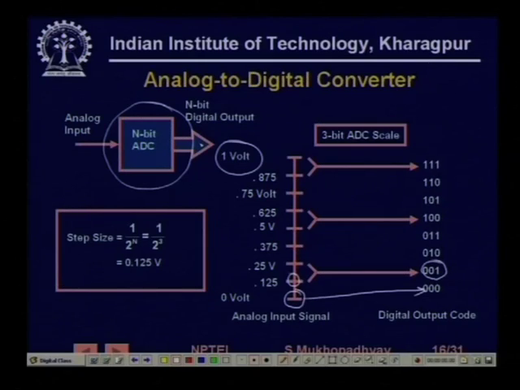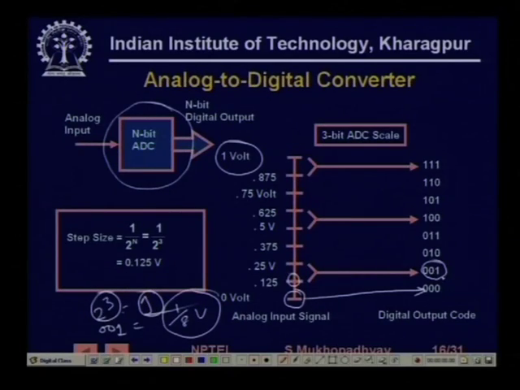So, 2 to the power 3 digital is equal to 1 volt, and the number 001 represents 1 by 8 volts.